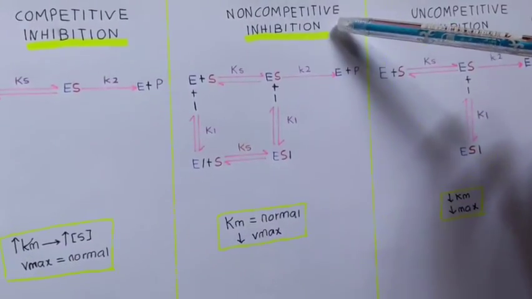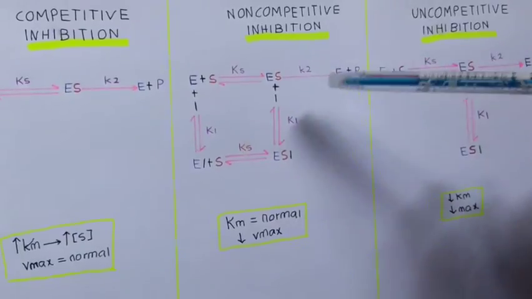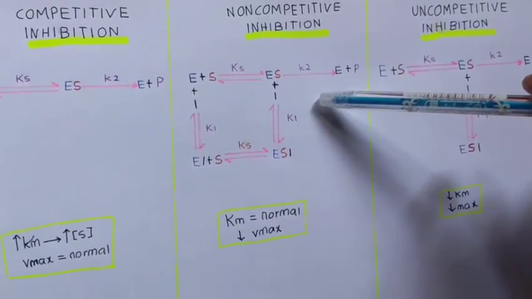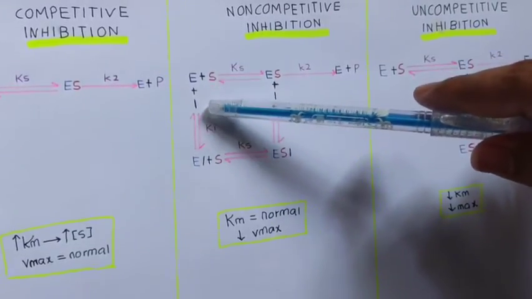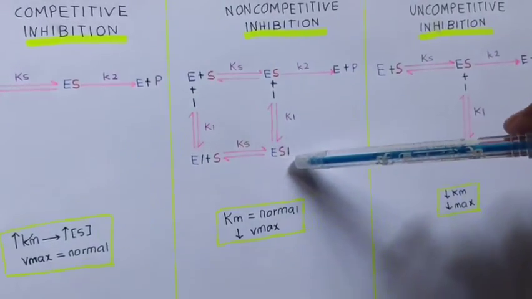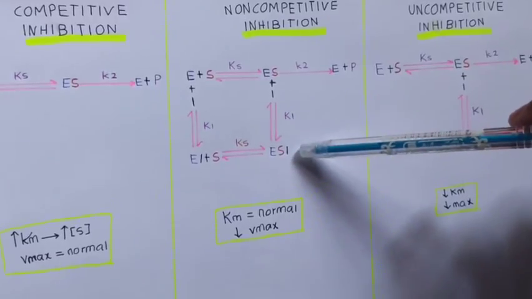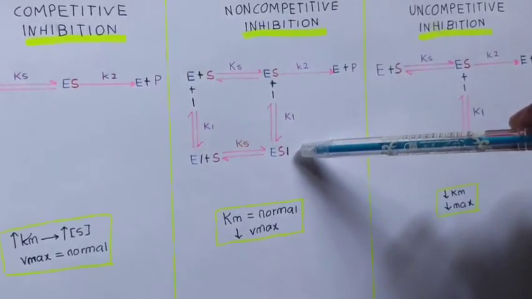Next is non-competitive inhibition. When we look at this inhibition, we can see that the enzyme, substrate, and inhibitor can bind together to make the enzyme-substrate-inhibitor complex. Why can it be like that?